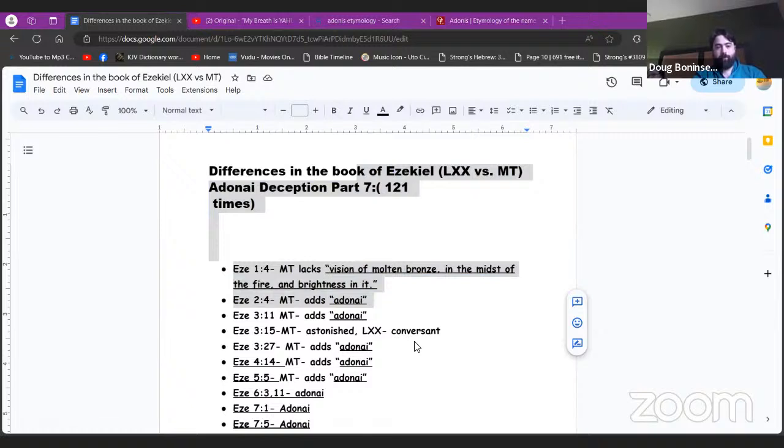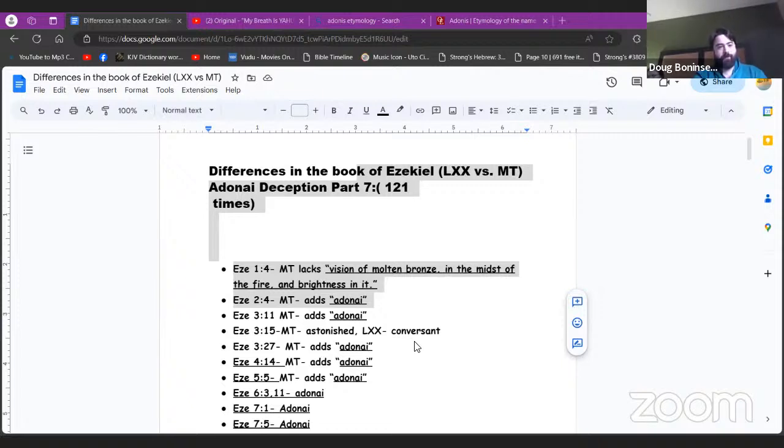So here we go. And again, you have the Masoretic text here.